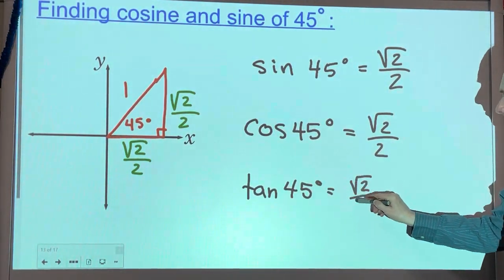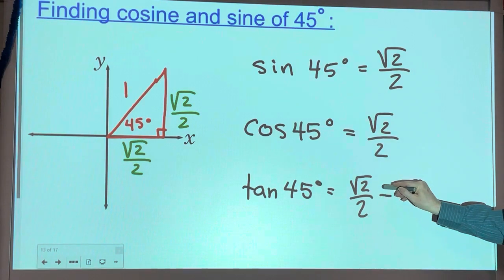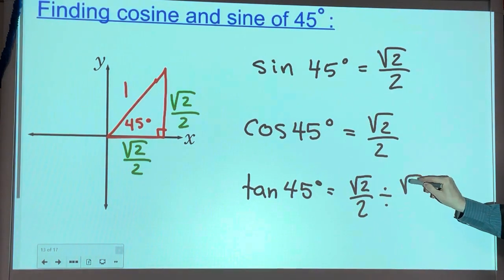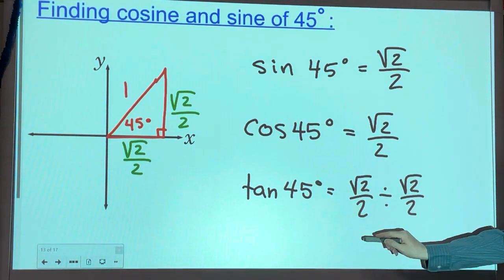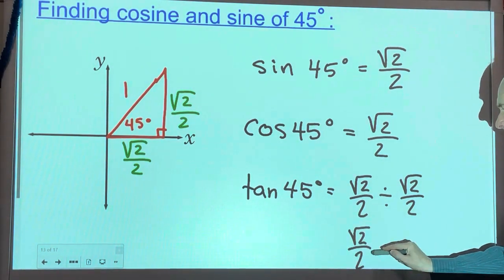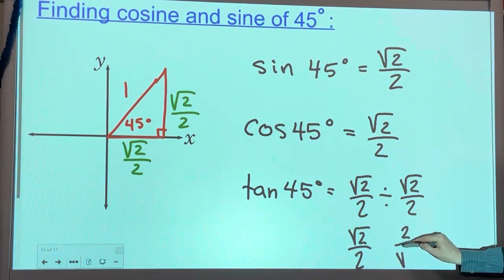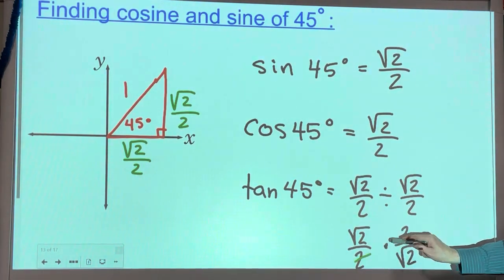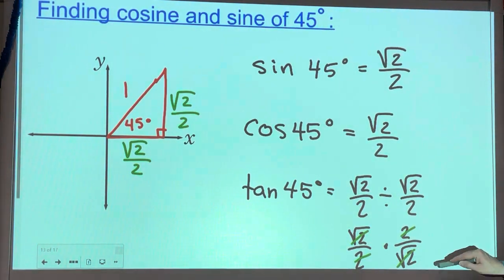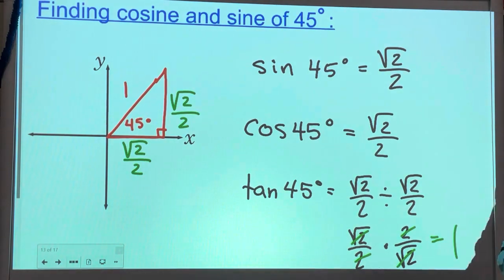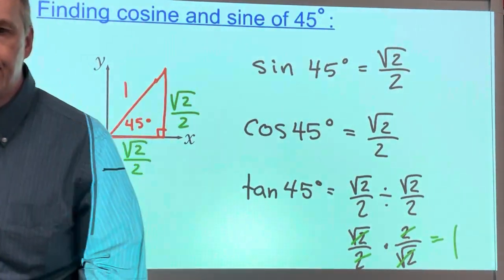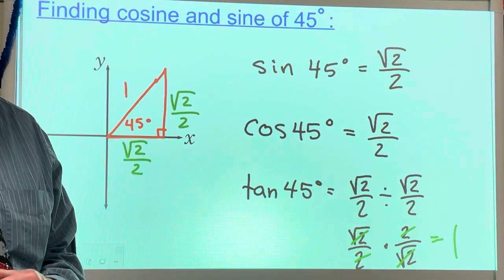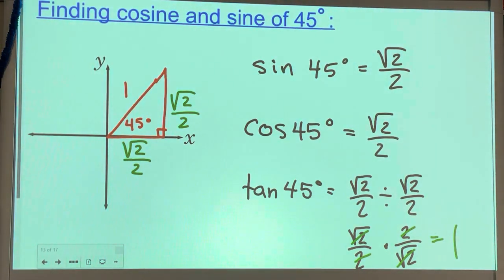Radical 2 over 2 for sine divided by radical 2 over 2 for cosine. Keep, flip, change. Pretty sure 2 cancels with 2, radical 2 cancels with radical 2, so the answer for tangent is equal to 1. When you have 45 degrees, sine and cosine are the same. Anything divided by itself is equal to 1.